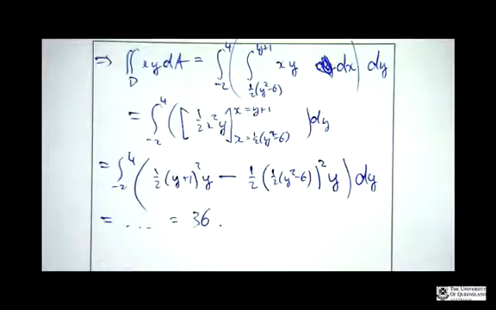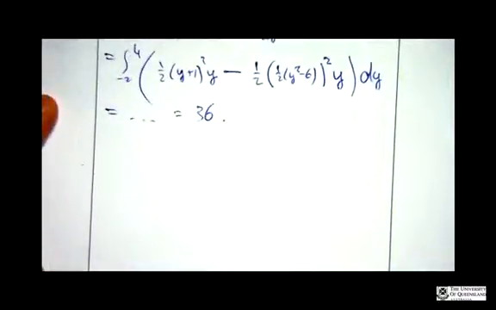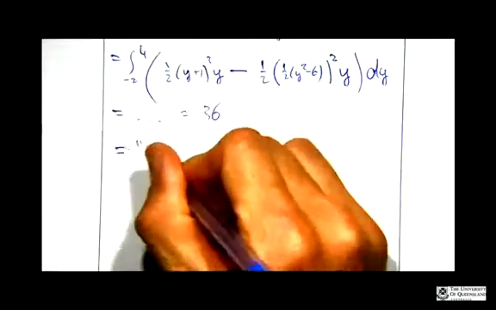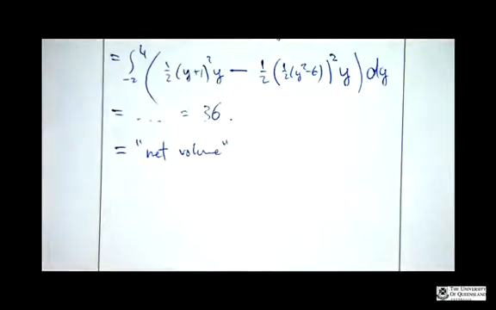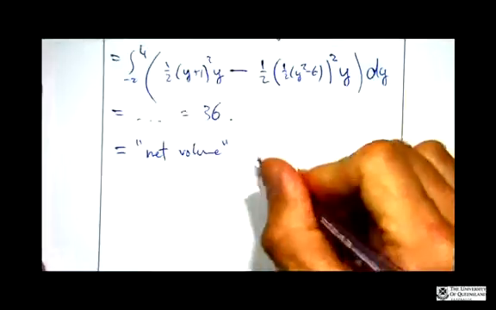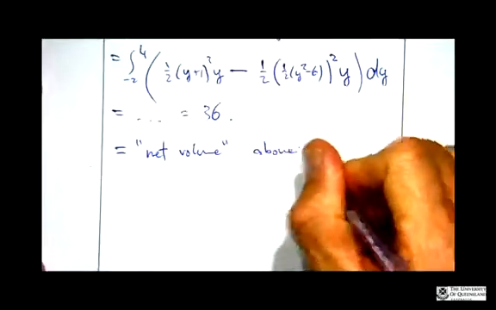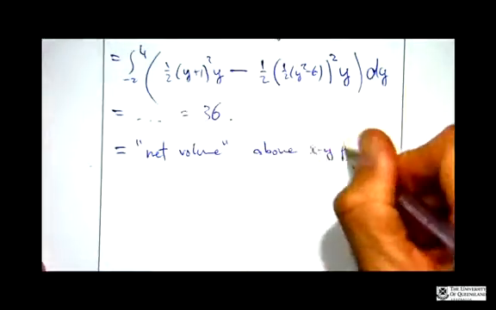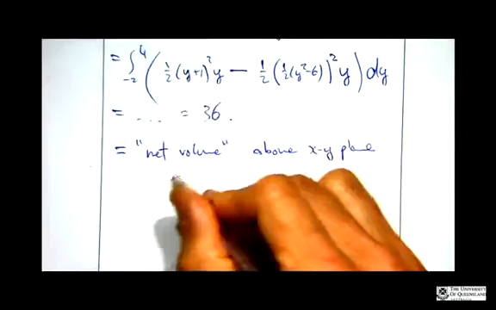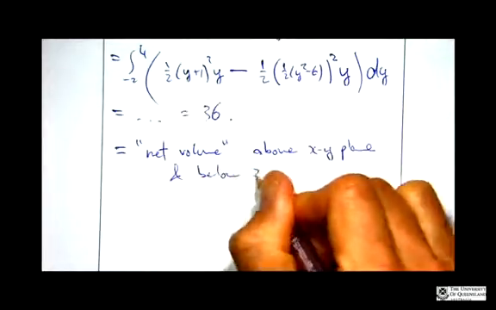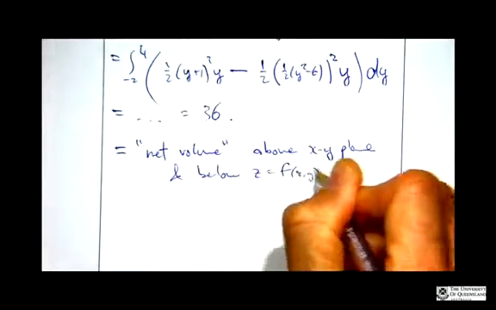How can we interpret that result? I mean, what is the volume below the surface in this case? Because it's a little bit more complicated than that. And that's where I introduced this concept that I call net volume. We'll say net volume above the xy plane and below that surface, z equals f of x and y.